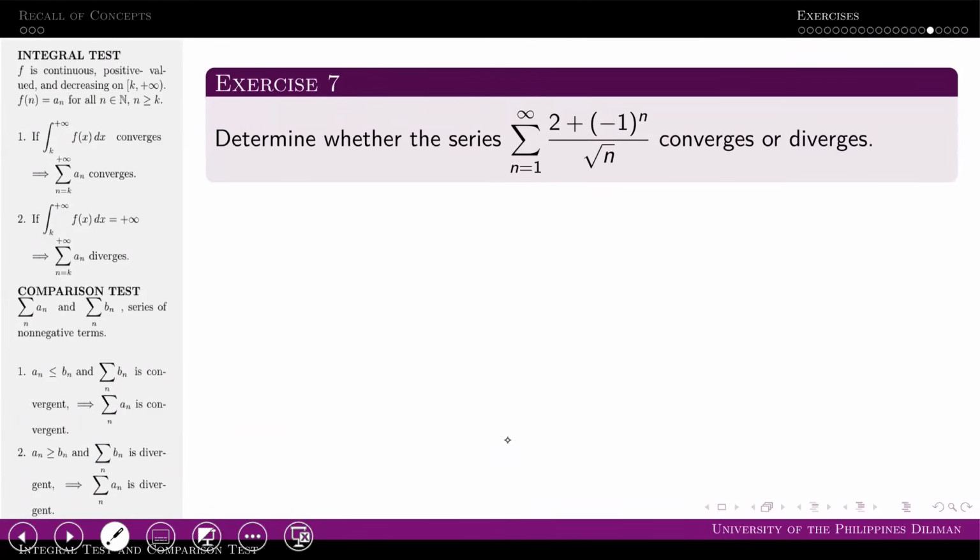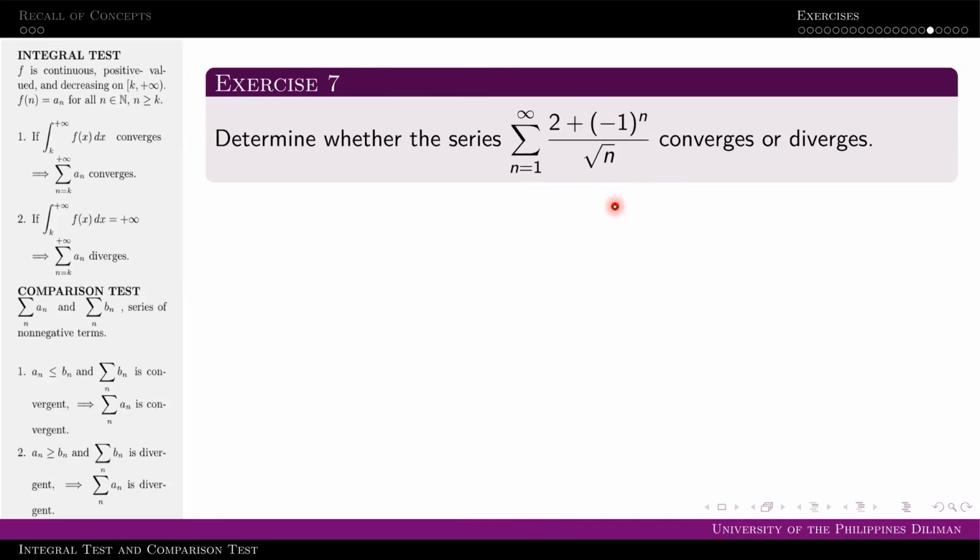So we are given the sum from 1 to infinity ni 2 plus negative 1 raised to n over square root ni n. So we might not want to use the integral test on this one. Let's use the comparison test kasi pangit siyang i-integrate. Okay? So maghanap tayo ng series to compare this with.